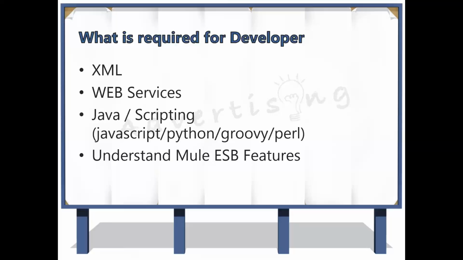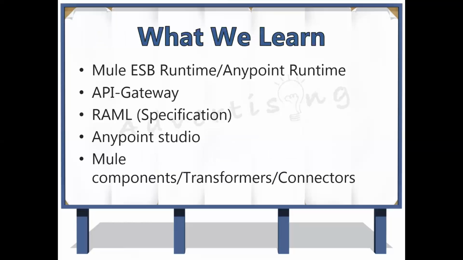And finally, you need to understand how Mule ESB works, because Mule has different products like API Manager, and one more thing I think I missed, yeah, here it is. So it has runtimes. CloudHub. CloudHub is nothing but a replica of your on-premise server.